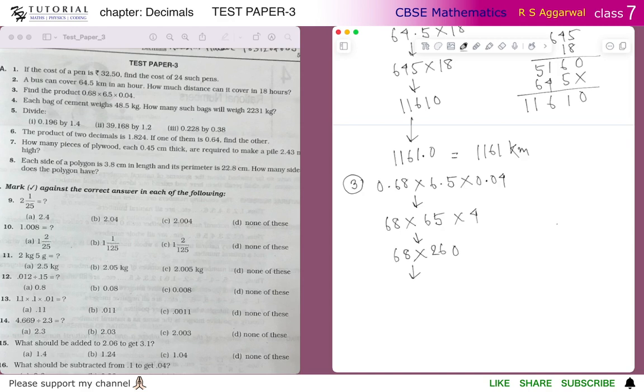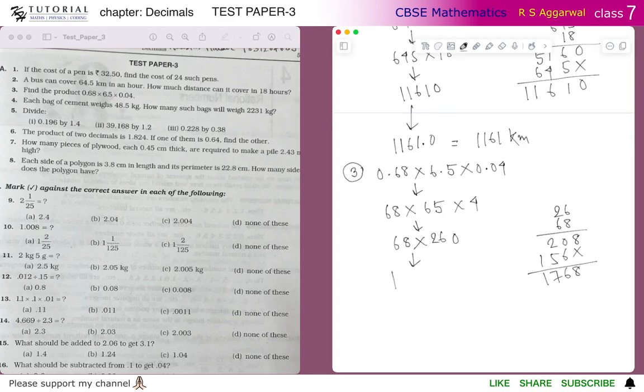So let's multiply 26 with 68 and we get 48, 20 and then 36, so 15. So this becomes 1768.